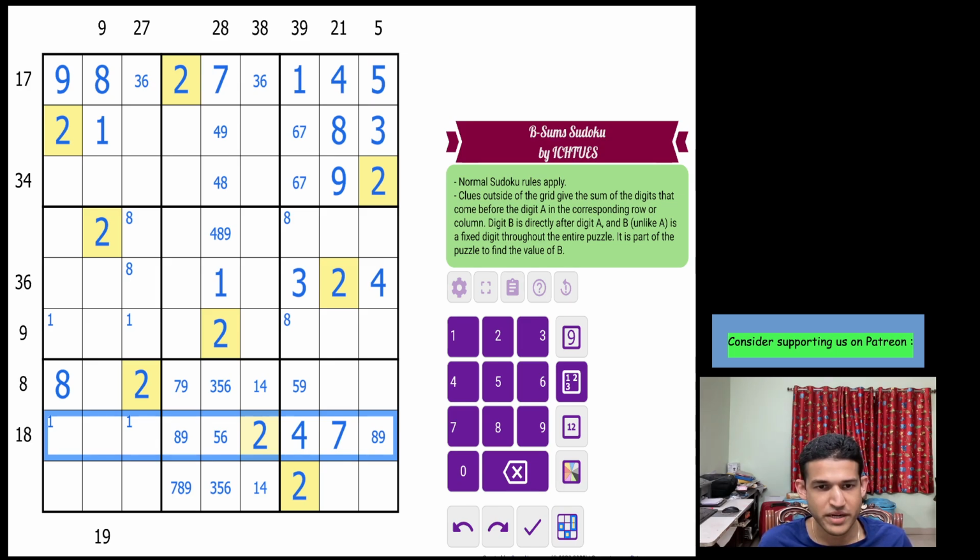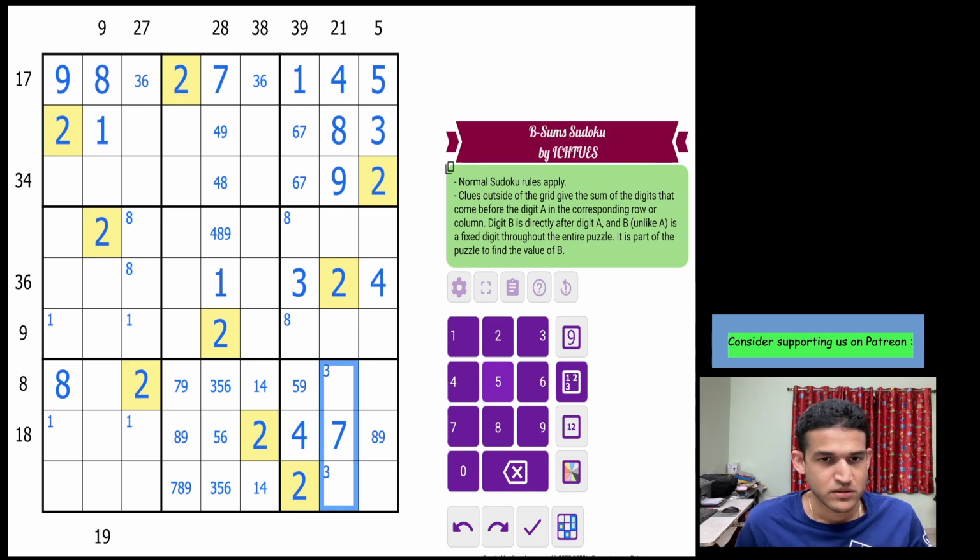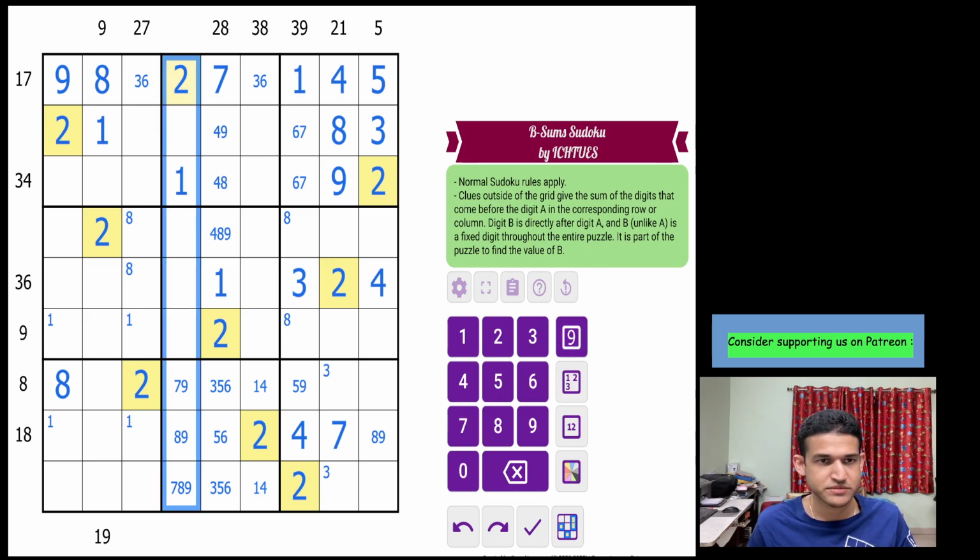Now 3 in column 8 goes in one of these 2 cells. This is a very nice puzzle. Wonderful, innovative kind. So 1 in column 4 goes here.